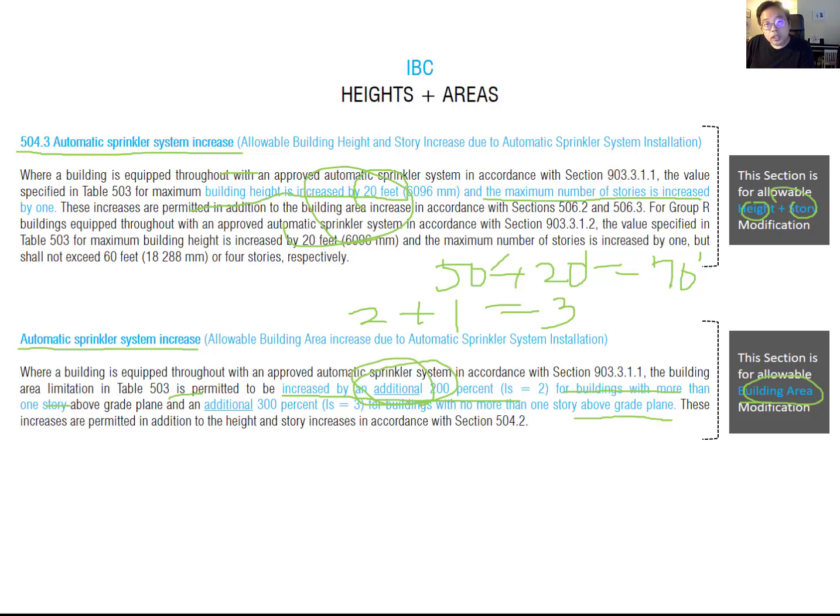It means if your building is a single story building, you can increase 300% from the original number. But if you have more than 2 story, you can increase additional 200% from the original area. Okay, so we look at more examples.